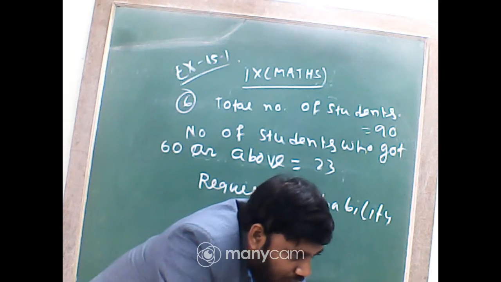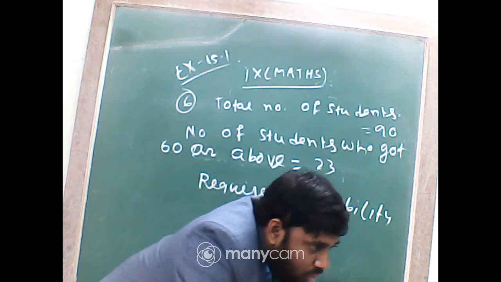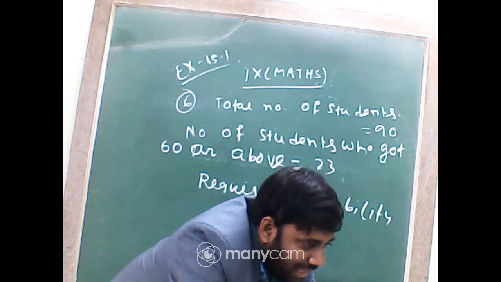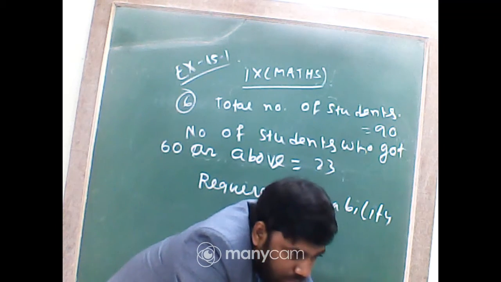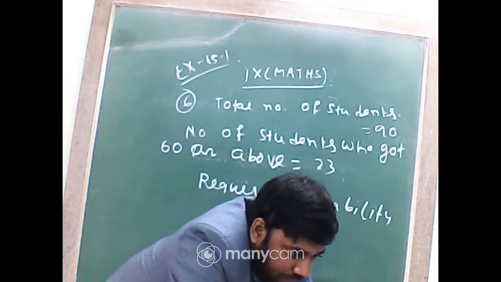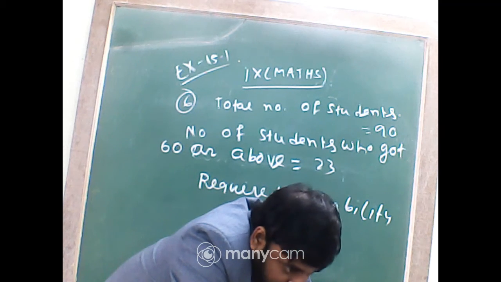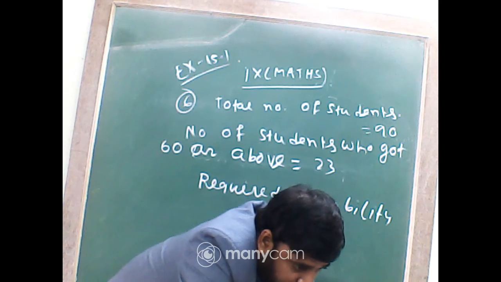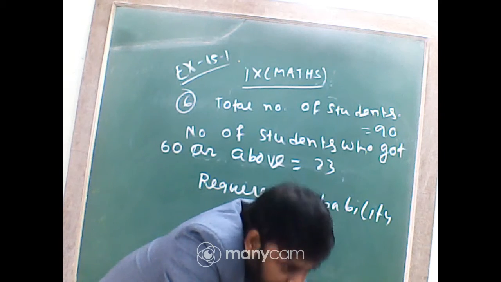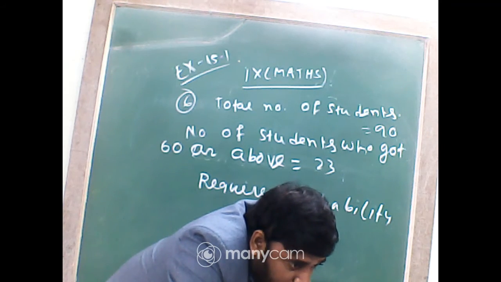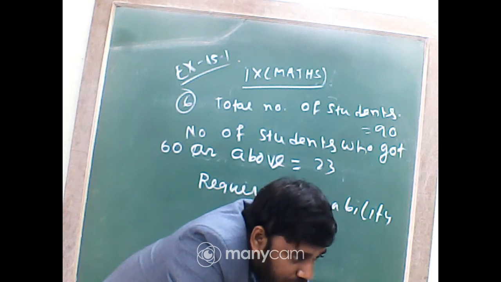Quickly find the probability who got less than 30. 17 by 90. Amrita, you are correct. Okay, next students, Asrafuddin, Rajanna, Orpit.